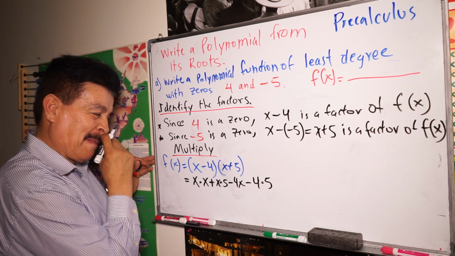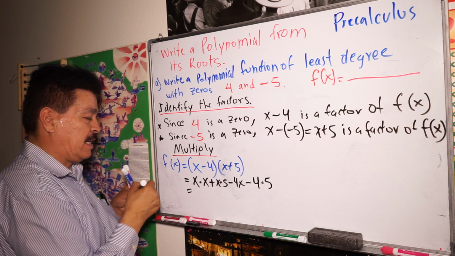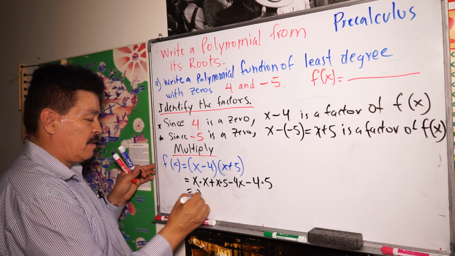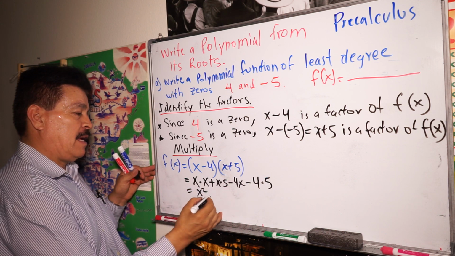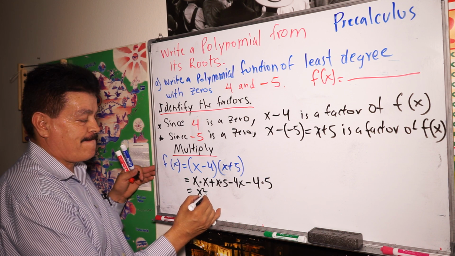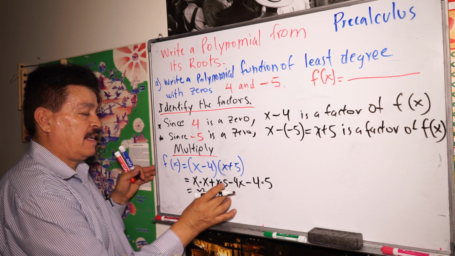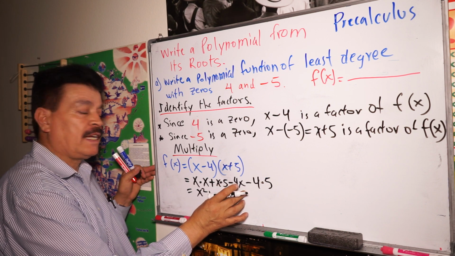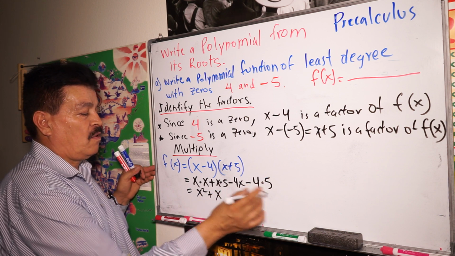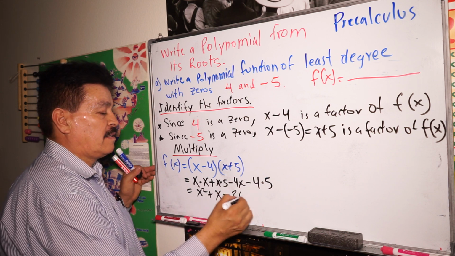To simplify, x times x is x squared, 5x minus 4x gives just x, and 4 times 5 is minus 20.